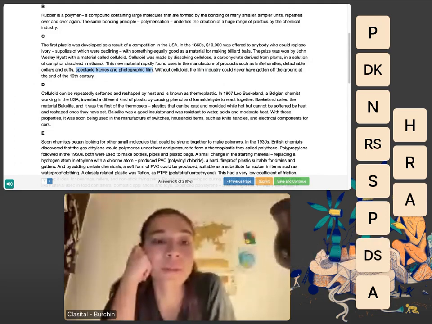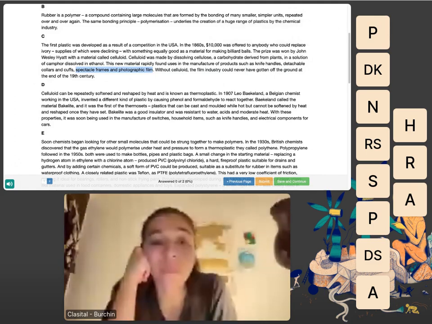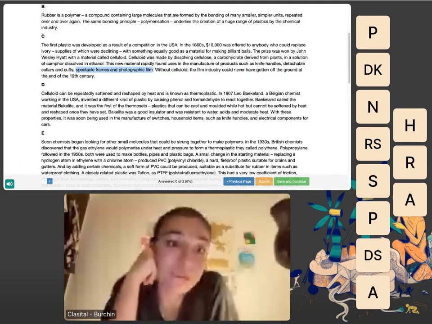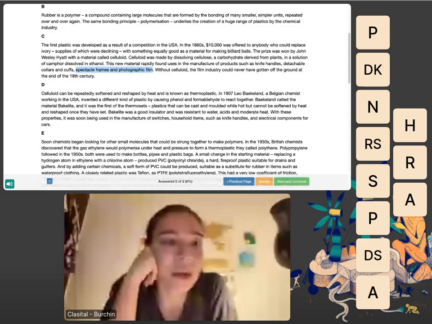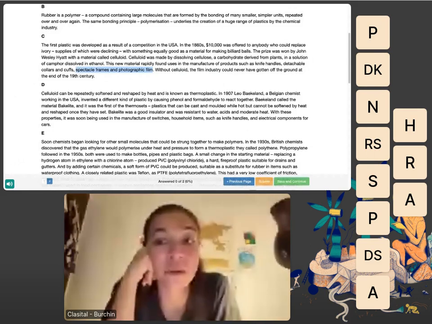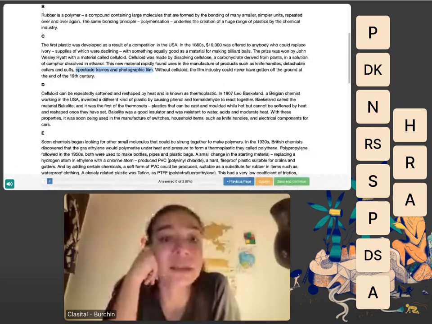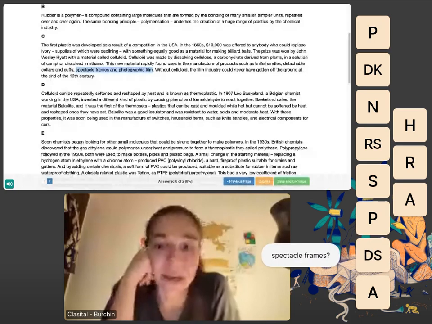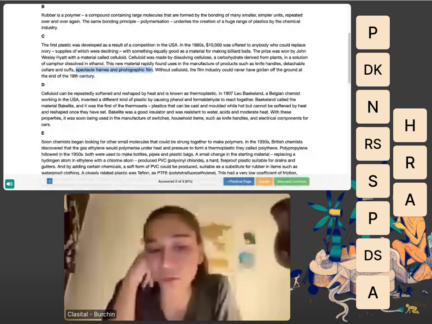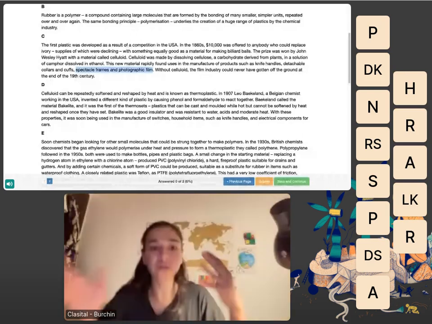Without celluloid, the film industry could never... Because there are many products, they will be both acceptable. You can't write detachable collars and cuffs because they are already mentioned as the clothing, but they are not talking about the knife handles, spectacle frames, or photographic film. So you can choose one of them and write it.